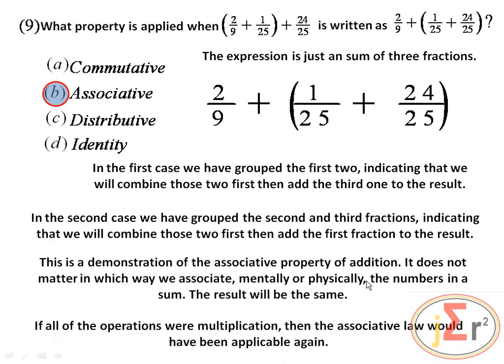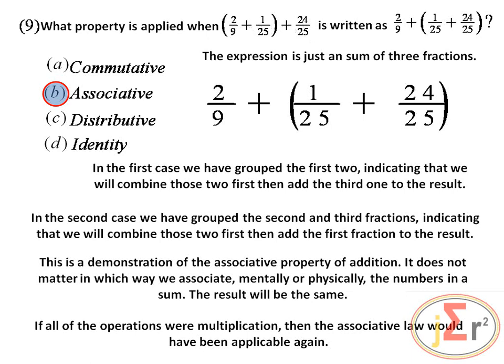If all of the operations were multiplication, then the associative law would have been applicable again. So if we had this fraction multiplied by this one, then multiplied by this one, then the associative principle could have been applied again.